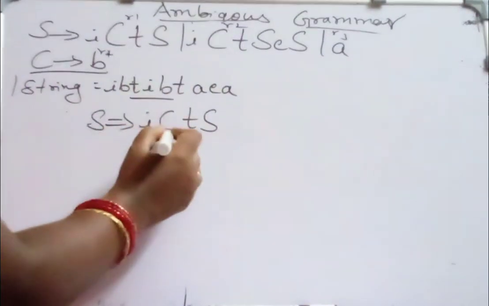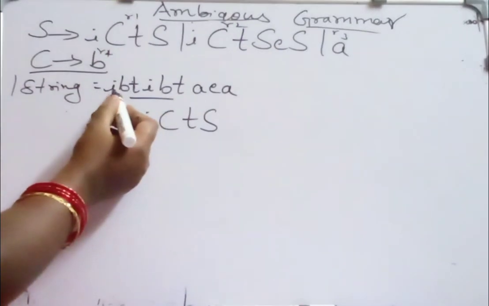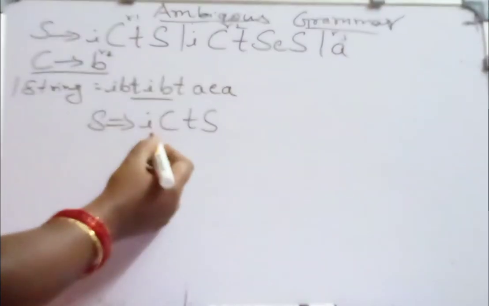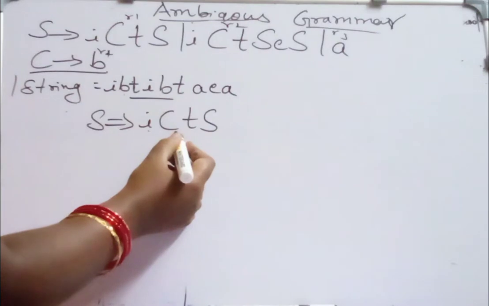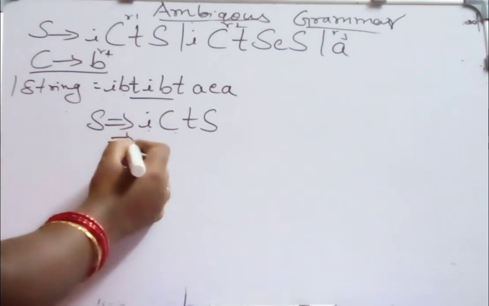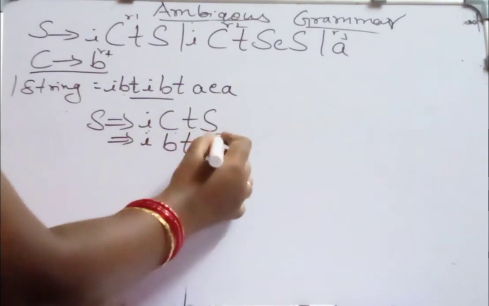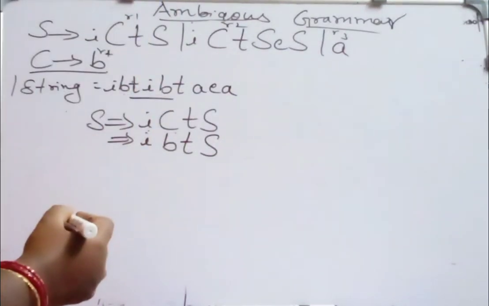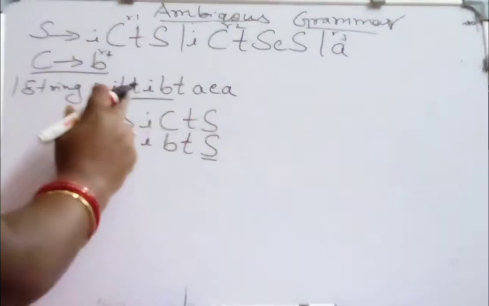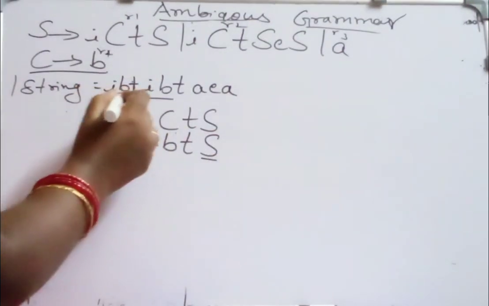And here, after i we have b. So here I have i and C is substituted by b, so this becomes ibtS. Up to here we got ibt.